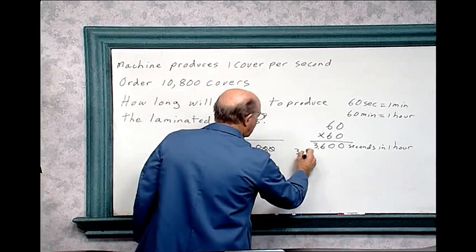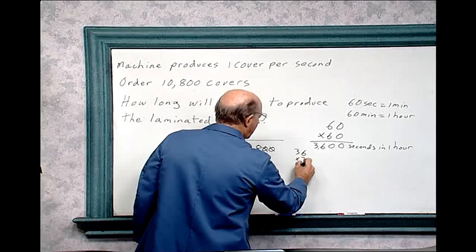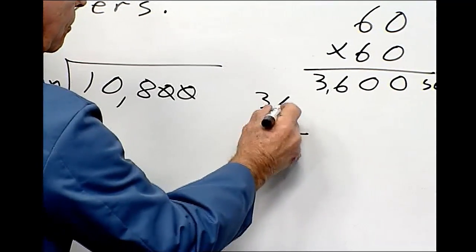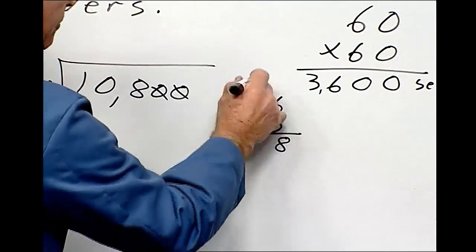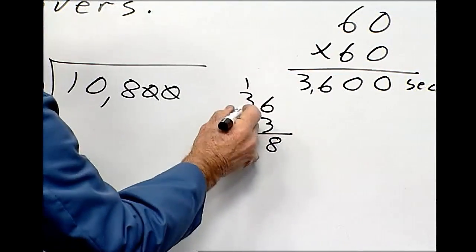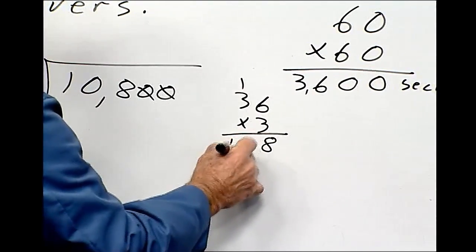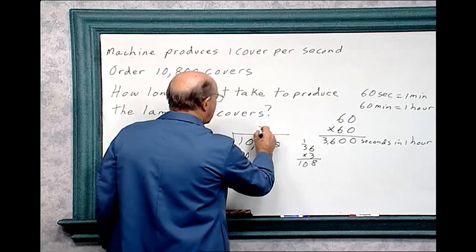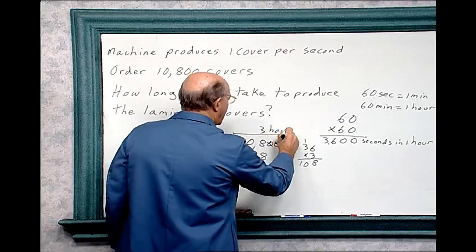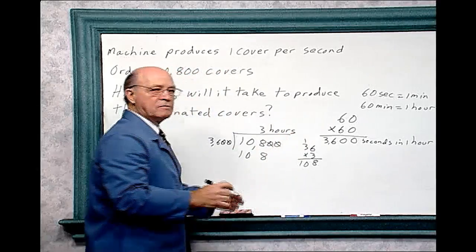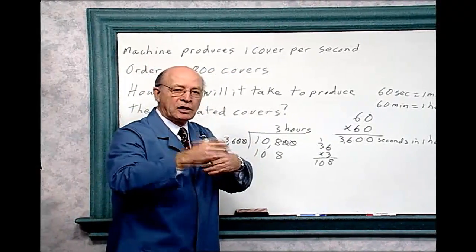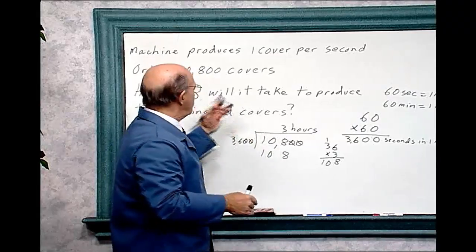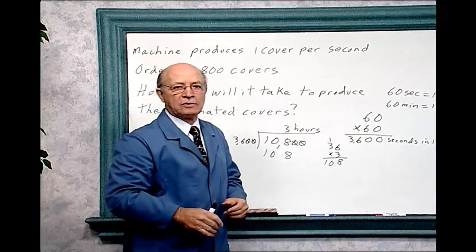Looks like 3 times. 36 times 3. 3 times 6 is 18. 3 times 3 is 9 plus 1 is 10, and that's exactly right. So it takes 3 hours of that machine running continuously to produce 10,800 covers.